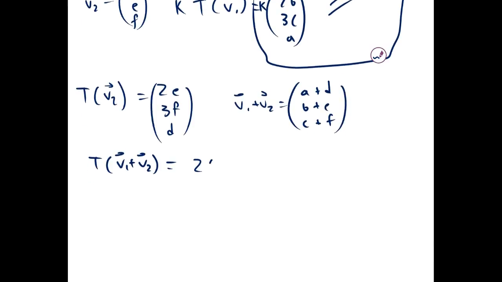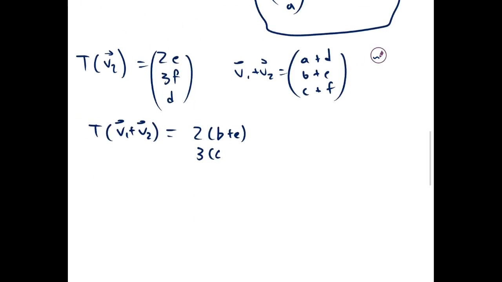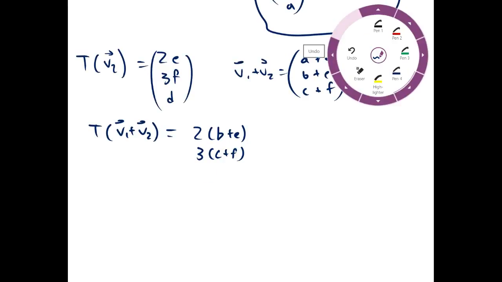So this turns out to be 2 times b plus e, 3 times c plus f, and a plus d.